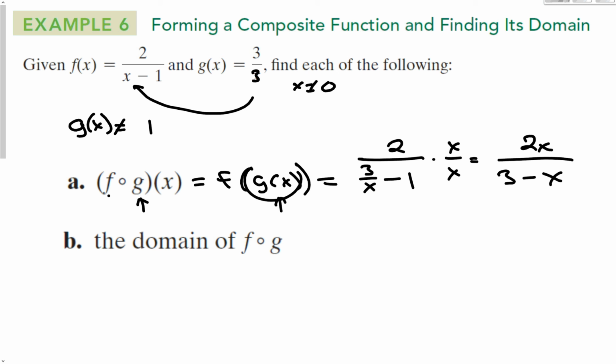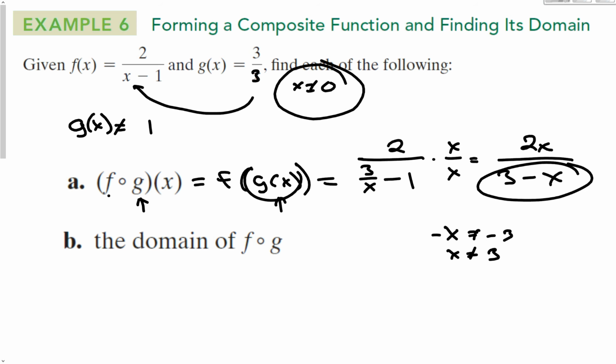And you can kind of see that because in my combination function right there, negative x cannot be equal to negative 3, so x cannot be equal to 3. Okay, so these are the two numbers that I want to exclude from my domain. The place where this is undefined and where my combination is undefined.